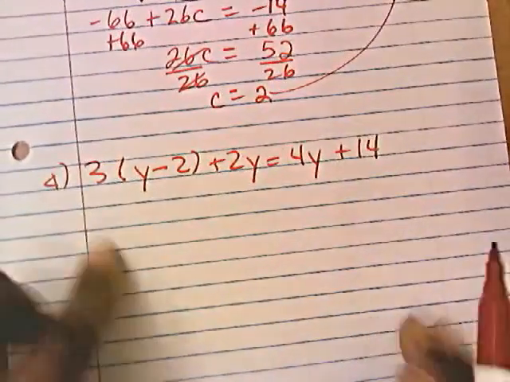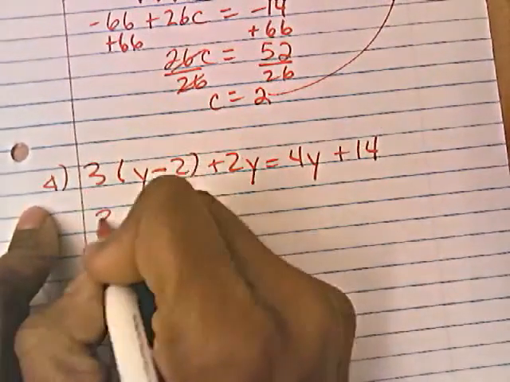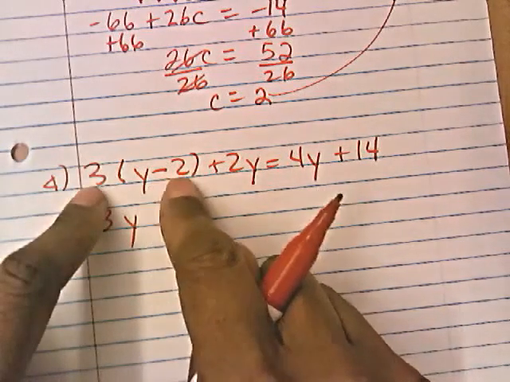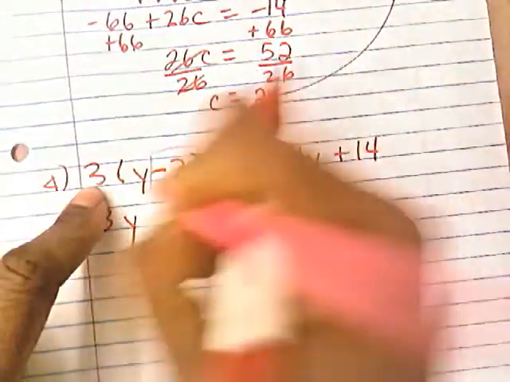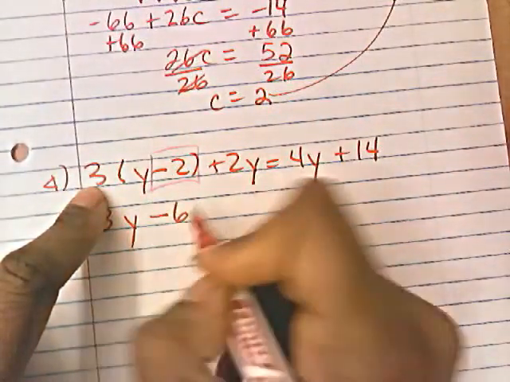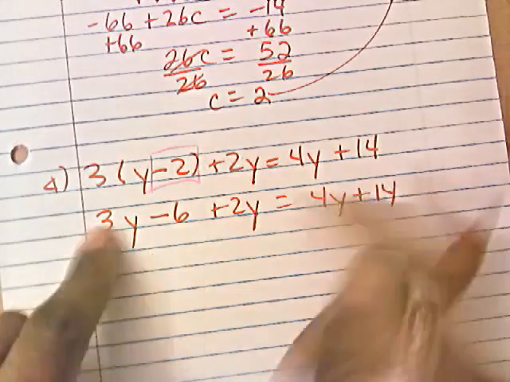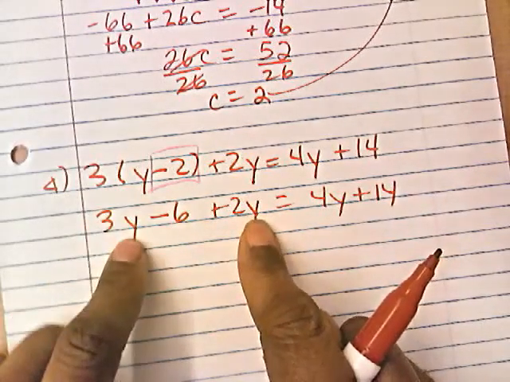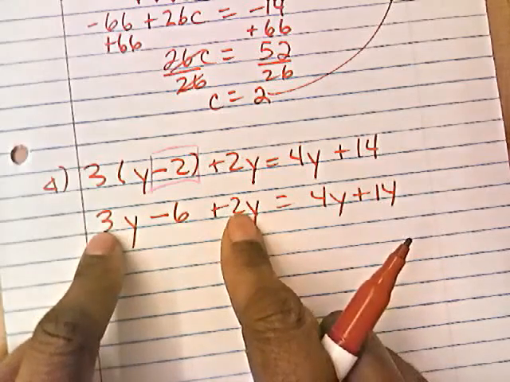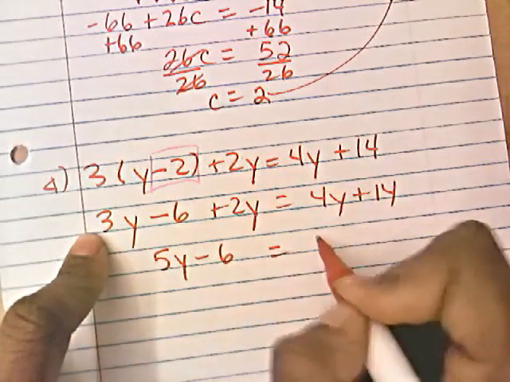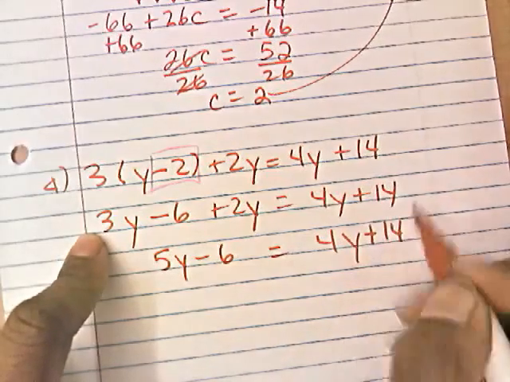Now for this one, again, I'm going to look, 3y. I'm not putting my sign yet. I'm determining what it's going to be. 3 times a negative 2. There's that negative 2. So it becomes minus 6 plus 2y equals 4y plus 14. I see like terms. They both have a y all by themselves. I can combine them. 3 plus 2 is 5y minus 6 equals 4y plus 14.